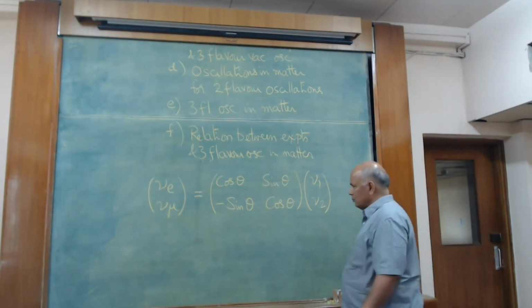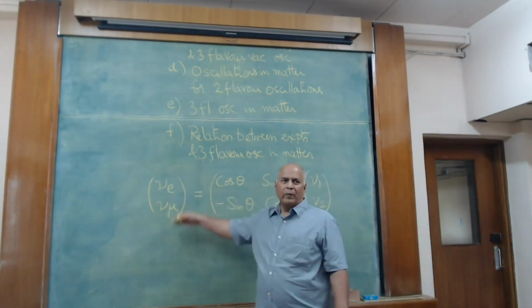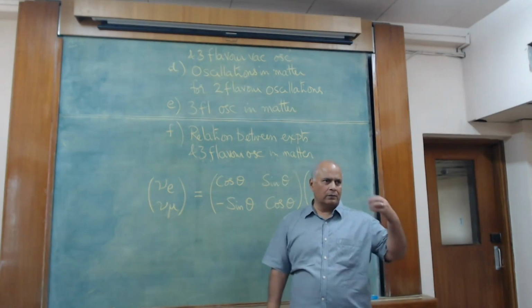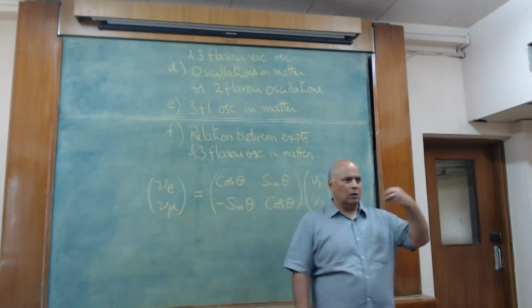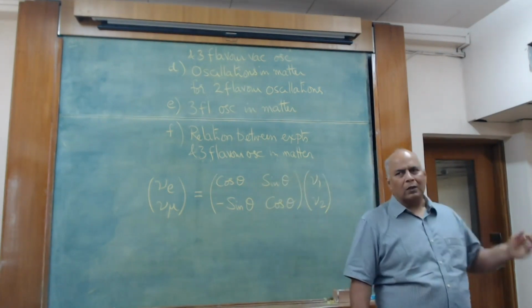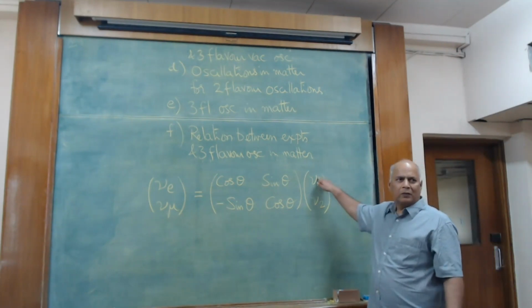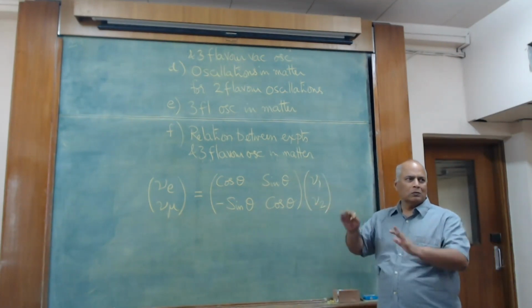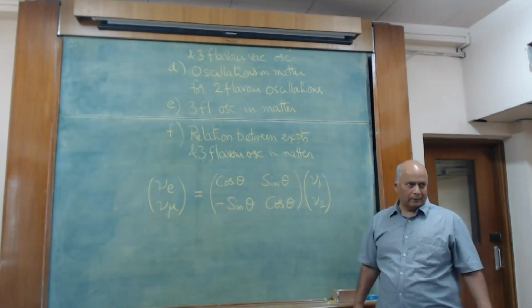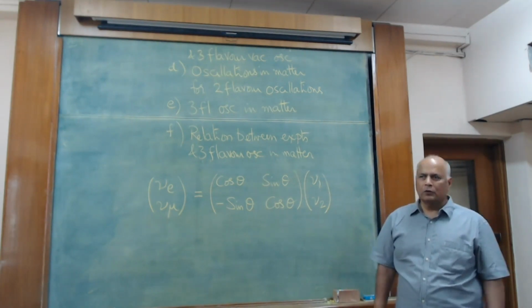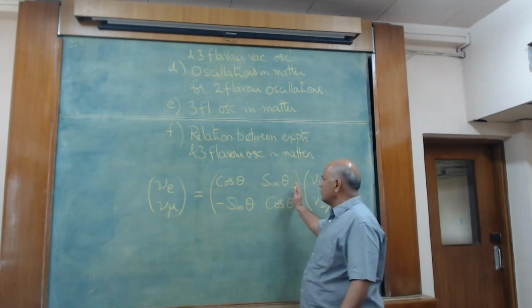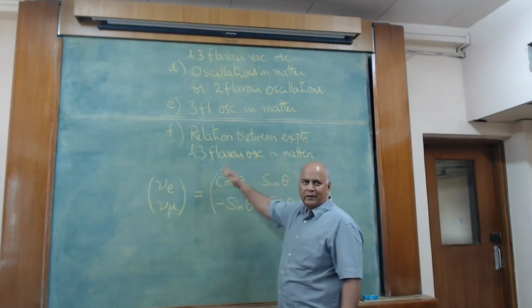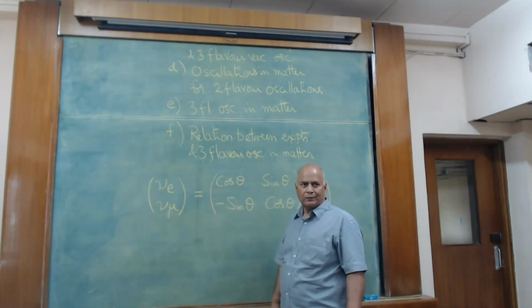And also, probability should be conserved: nu e has to go either into nu1 or nu2. It cannot disappear into thin air. So that constrains this matrix to be orthogonal.